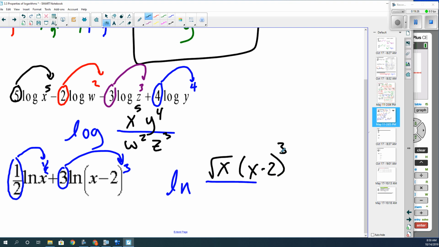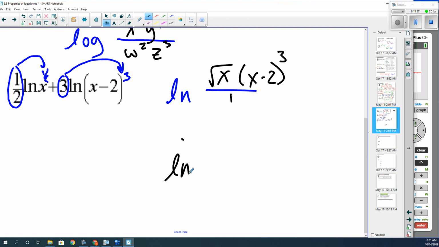Now, I didn't have anything that had minuses in front of the logs, which meant on the denominator, if I wanted to put something there, it would have been a 1. So I don't need to write that, so I could have just put natural log of root x times x minus 2 cubed. There's my answer.